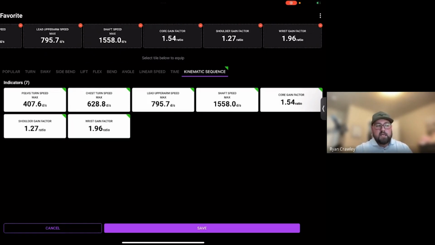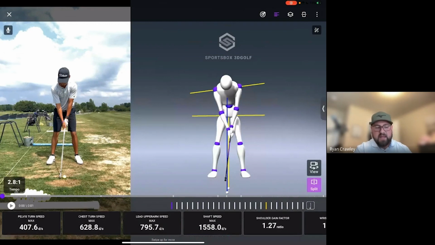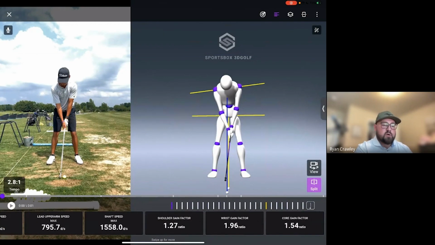Essentially, what it's telling us is how efficiently we move the speed from one segment of the body to the next. So just like smash factor, if you did ball speed divided by club speed, it comes out to 1.5. Each of these numbers has a specific number that we're looking for. If you tap on those numbers too, by the way, it'll tell you what that number is, so you don't have to have this memorized.